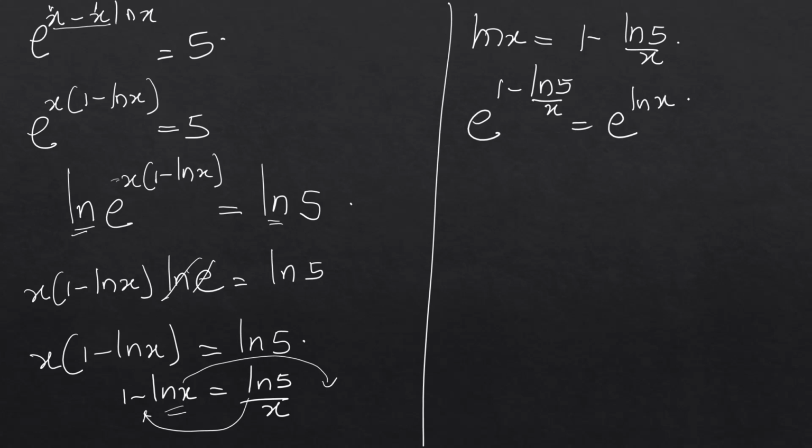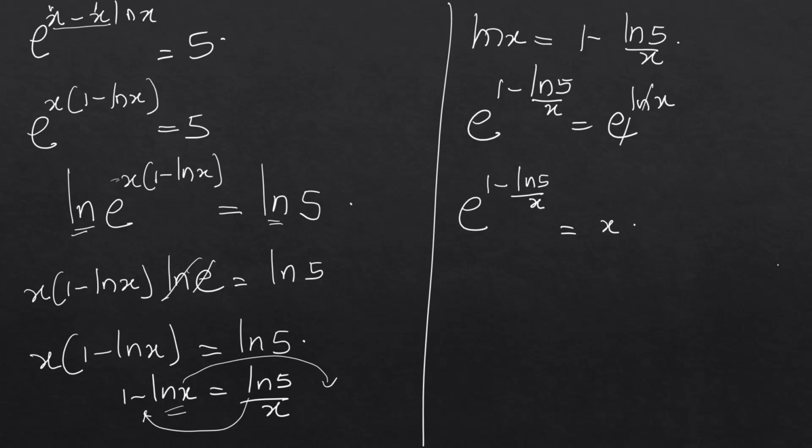Now, what I did to the left hand side, I did to the right hand side. So remember, this will always cancel this. So what I'm having left is e raised to power 1 minus ln 5 all over x is equal to x. So now, what do you suggest we do? You can pause the video and try what next to do before I come up with my step.